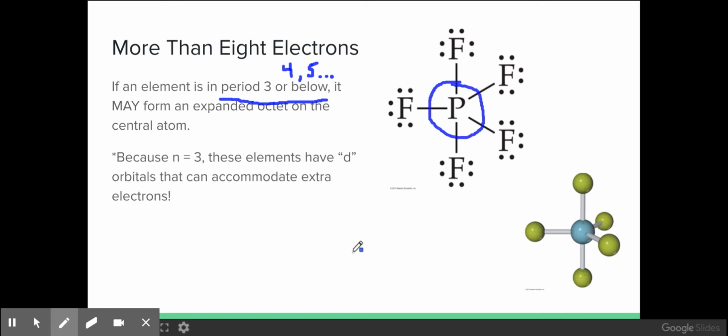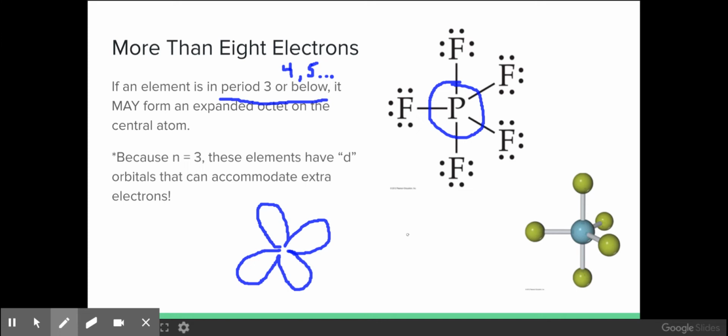The reason why is, as soon as we reach the 3rd energy level on the periodic table, we gain access to the cloverleaf-shaped d orbitals in periods 3 and 4 and so on.